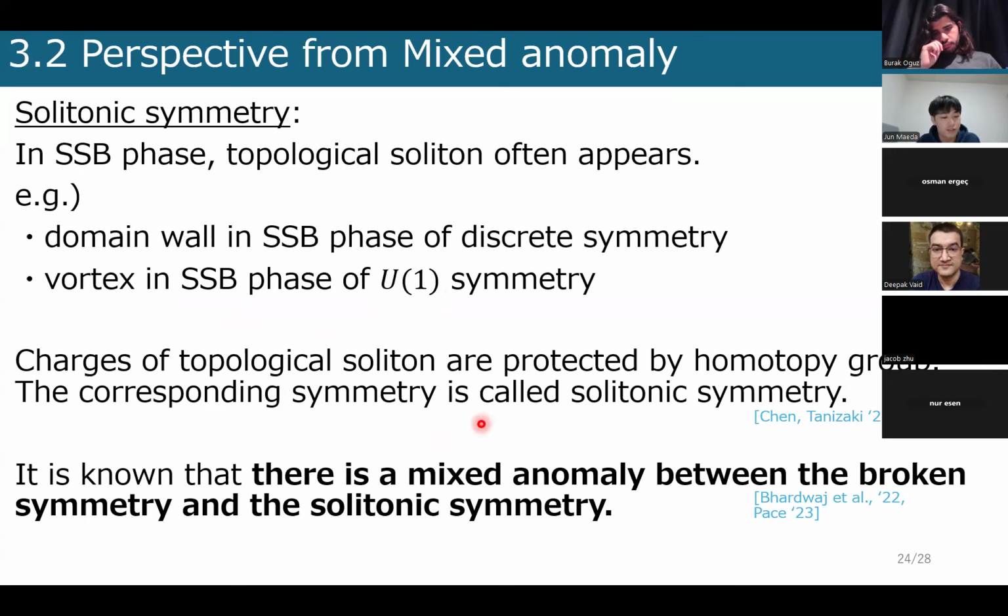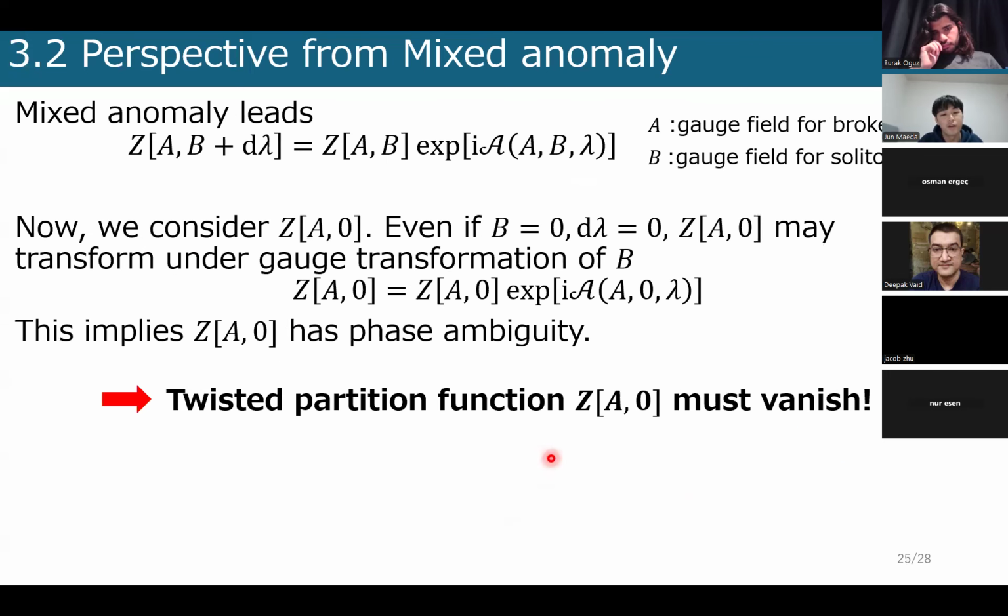And actually, it is known that there is a mixed anomaly between the broken symmetry and the solitonic symmetry. To be honest, there is no proof of this fact, but for the examples which I will explain, we can explicitly check the existence of the mixed anomaly. Then I will explain why the twisted partition function must vanish if a mixed anomaly exists.